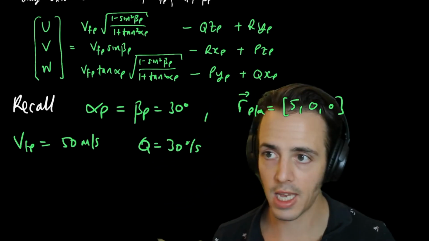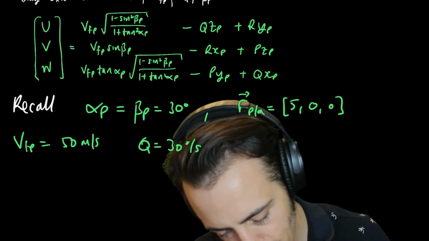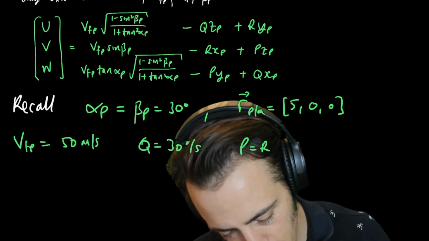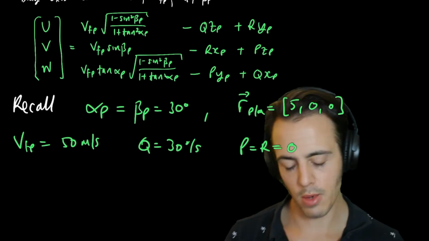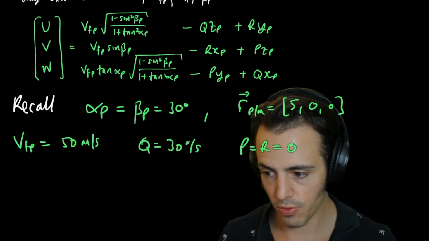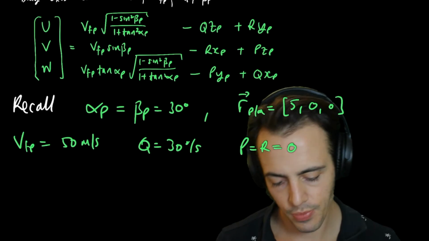We weren't told anything else about the other rates, so we'll just say P is equal to R is equal to 0.